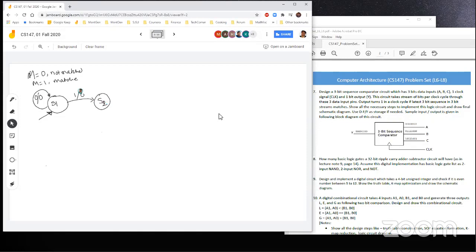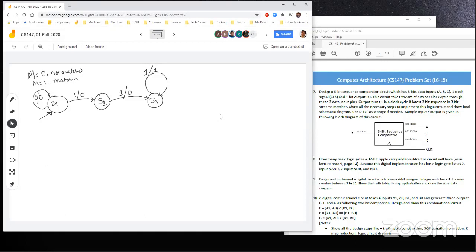And from that, if I get another match, M is 1, I will go into the second state, S3, 2 matches, right? And if I get another match, now I stay on the same state with output 1, which determines that, hey, I have 3 matches, then I won, right?